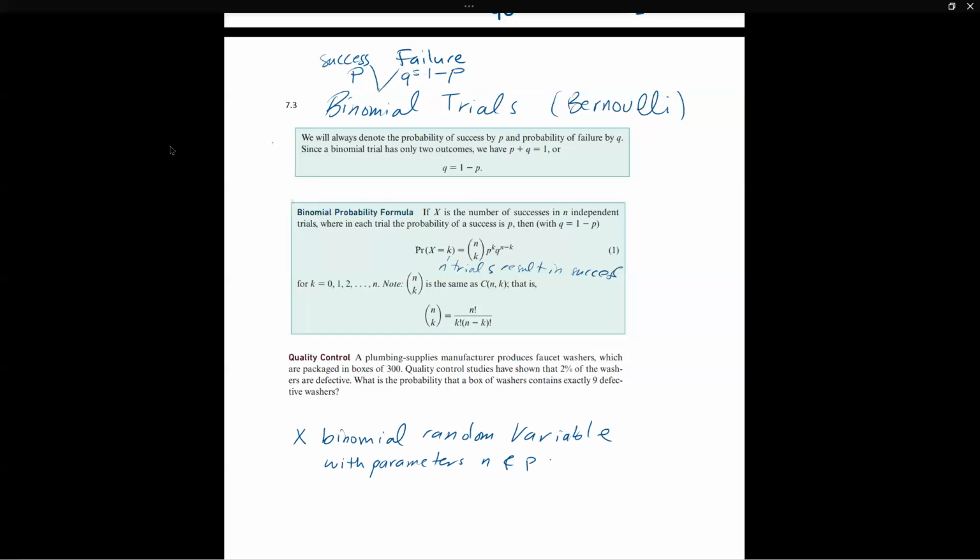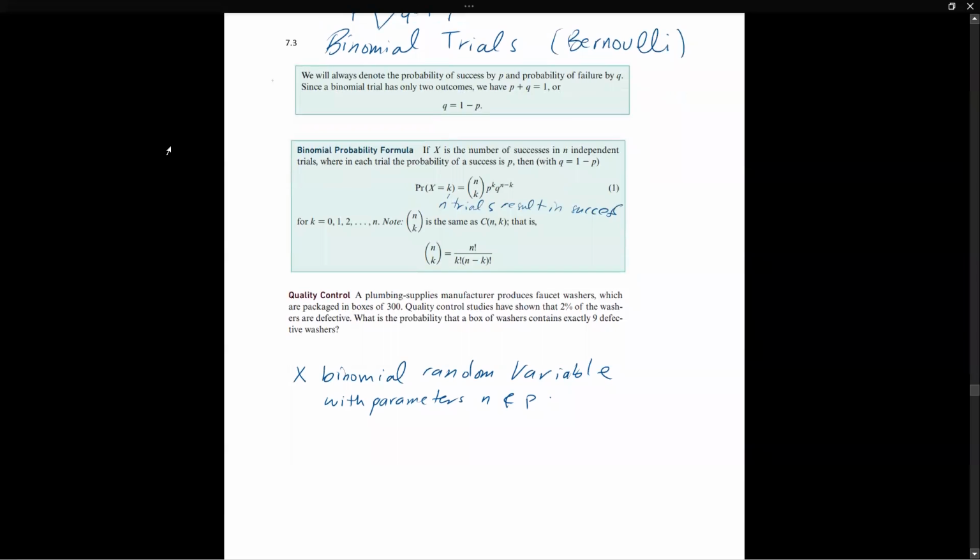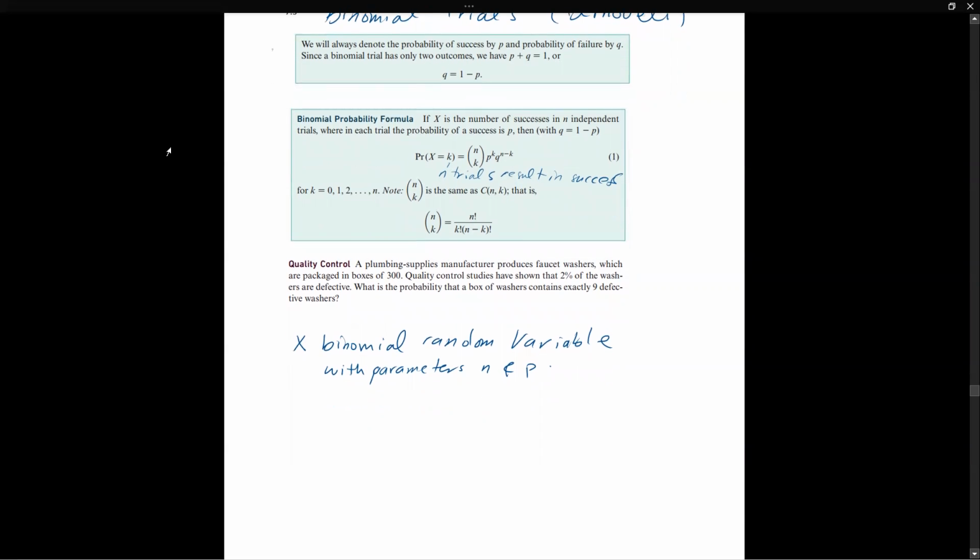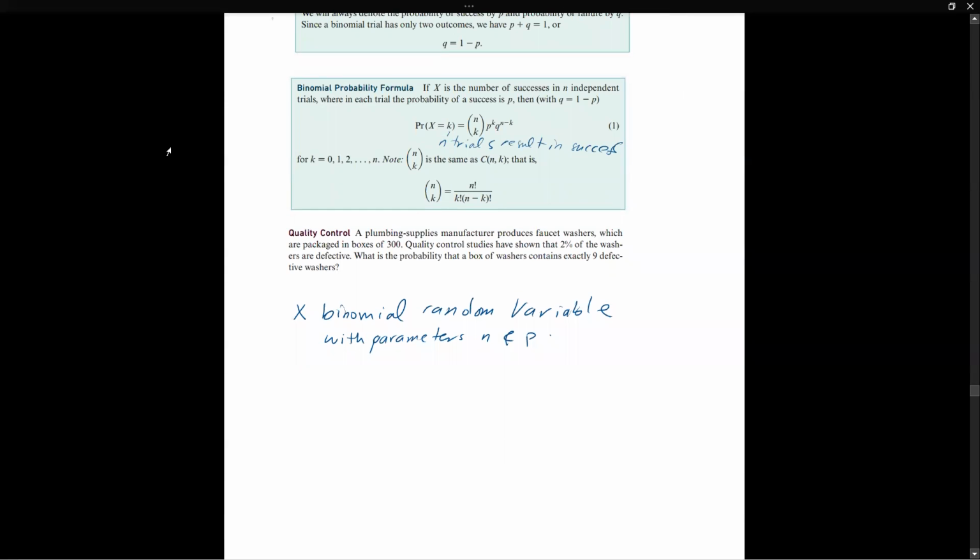The derivation of this equation 1 that we have, if you're interested, you can Google it, or you can look at it in the textbook. This is one of the famous formulas. So let's denote that X is the number of heads, for example, in the coin tossing experiment, like the one we did in 7.2. Then X is a binomial random variable with parameters n and one half.